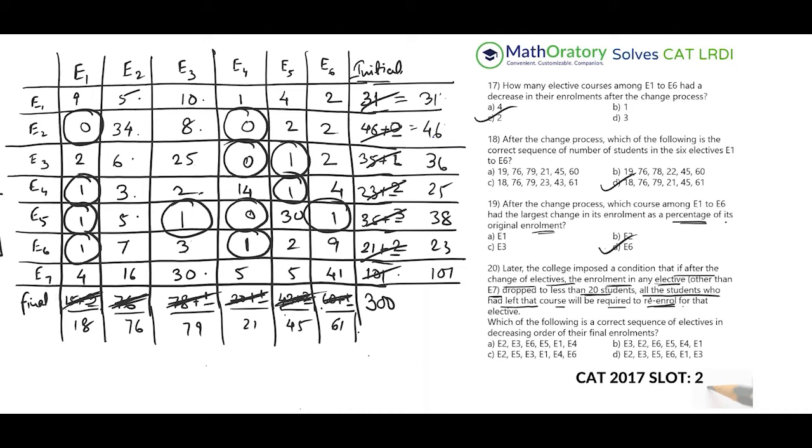If there is any elective which is having the number of students less than 20 after the change, so these values, and that is why I circled this out, then everybody who left that elective should be rejoining that elective, isn't it?